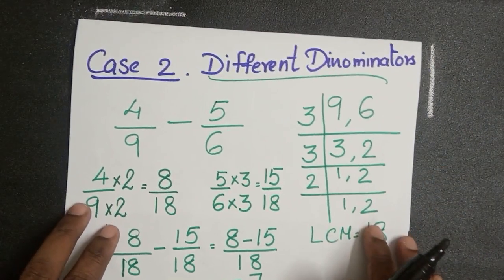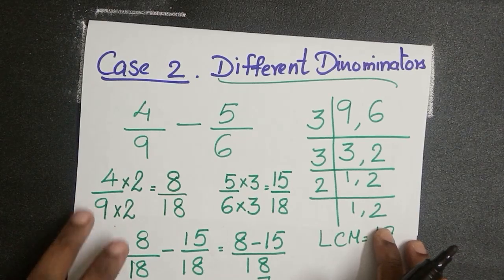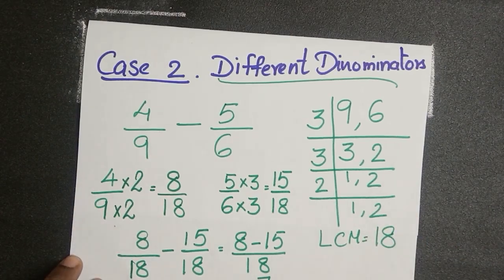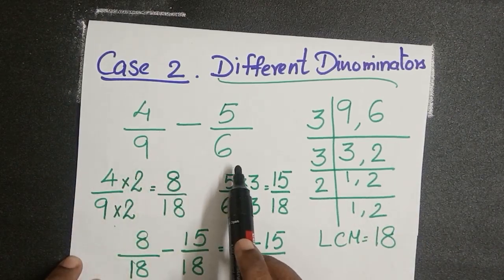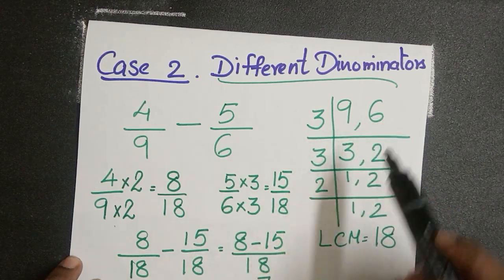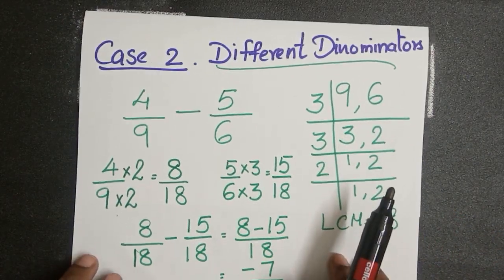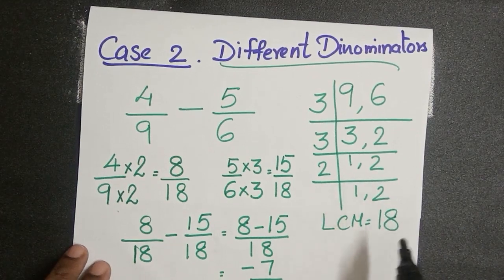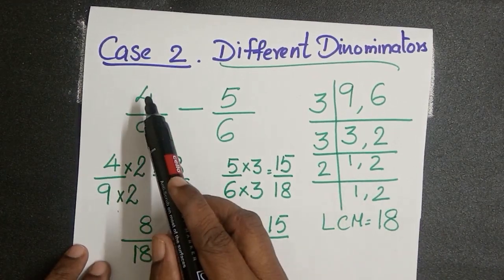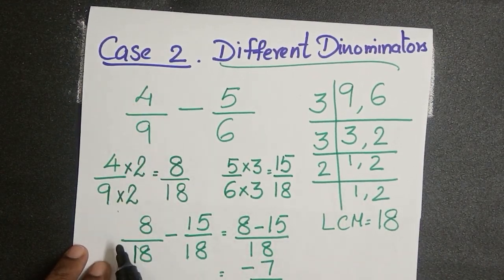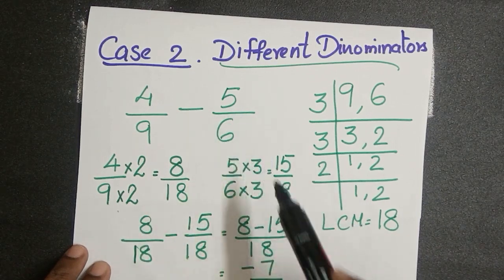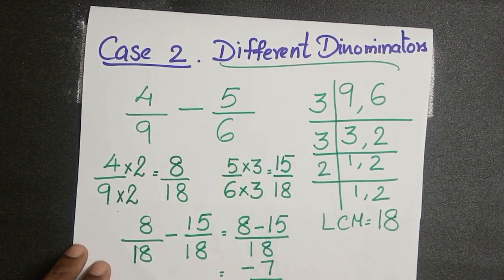Now we'll take case number 2 with different denominators. Again here the same process. If the denominators are different, we need to find their LCM. You know how to find the LCM. 9 and 6, the LCM is 18. So first convert 4 upon 9 and 5 upon 6 as two rational numbers with same denominators, that is 18.